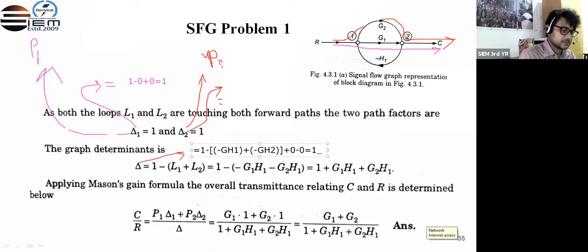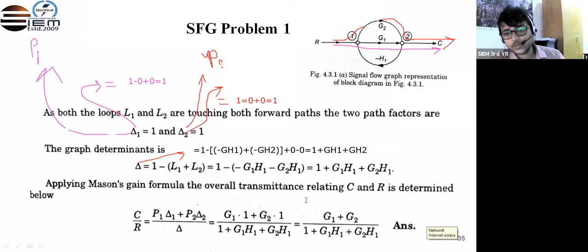plus GH1 plus GH2. So the result is 1 plus G1H1 plus G2H2.